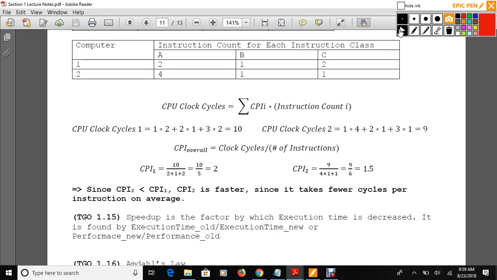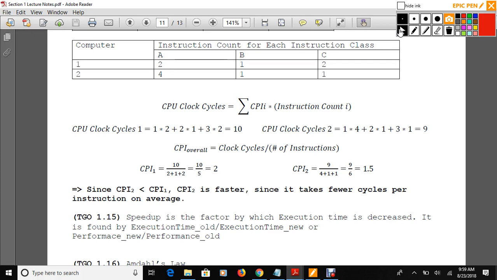So a common mistake involves speedup. The definition here, speedup, is the factor by which execution time is decreased, and it's found by execution time old over execution time new, or performance new over performance old, right?